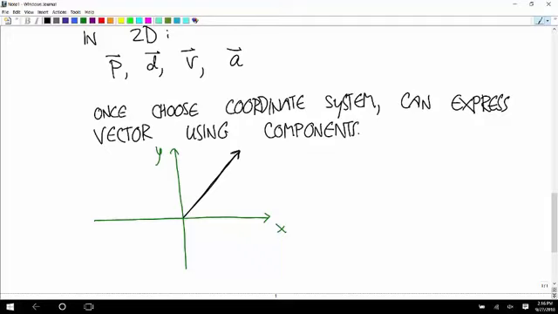If you think of traveling from the tail of the vector to the head of the vector, you can do that in 2 legs of the trip. One that's parallel to the x-axis and one that's parallel to the y-axis. Okay? And those 2 separate legs are going to be called the components. How far did you have to go in the x direction? And did you have to go in the positive or negative x direction? And then the same thing for y.